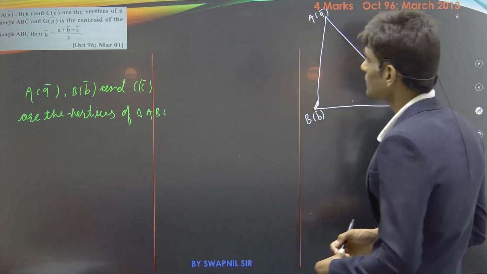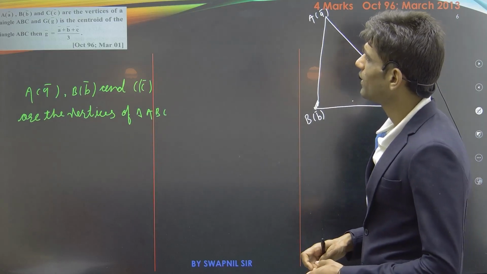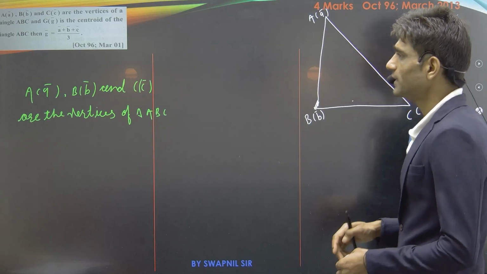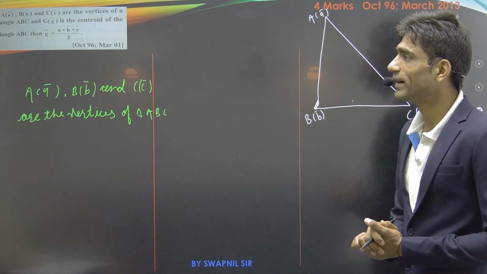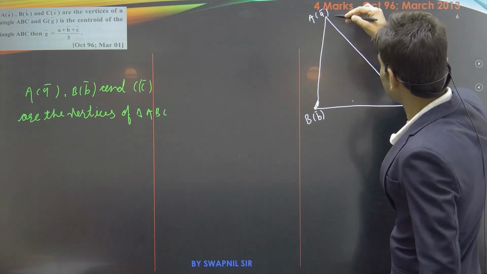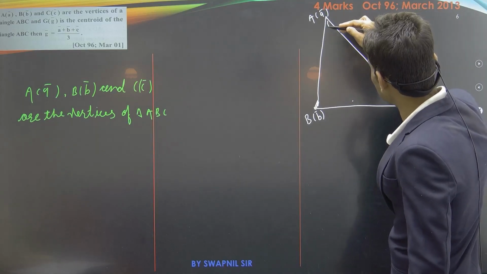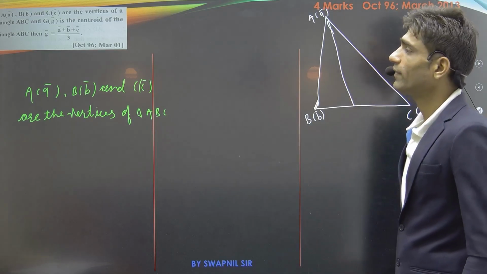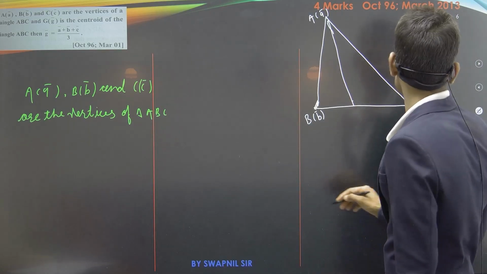And we have g bar as the centroid, the middle point. This one is the median of our triangle.